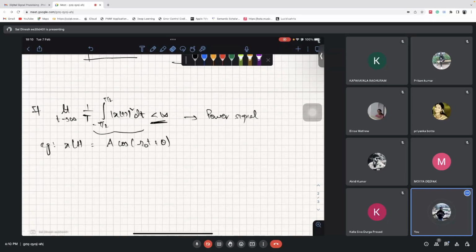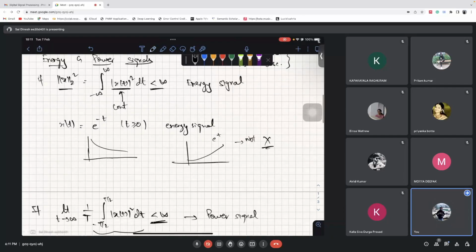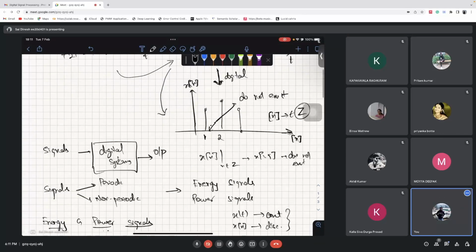The same case goes for discrete time as well. If we take a summation of x(n) whole square over all n, then it is an energy signal in discrete time. Similarly, it goes for a power signal also.